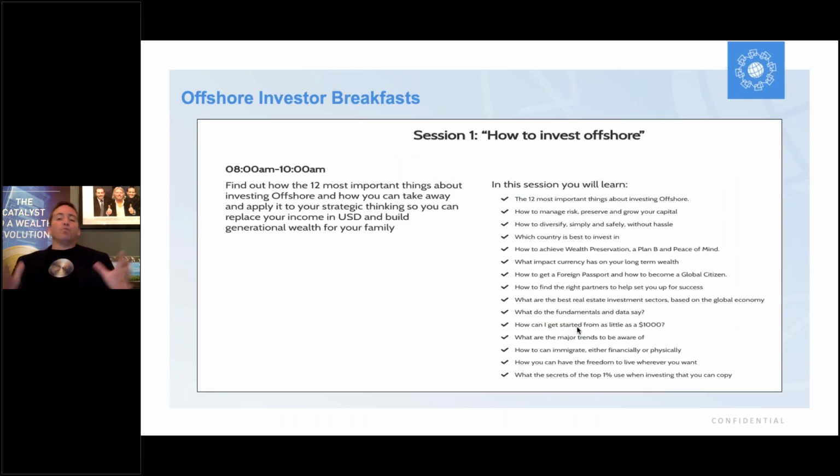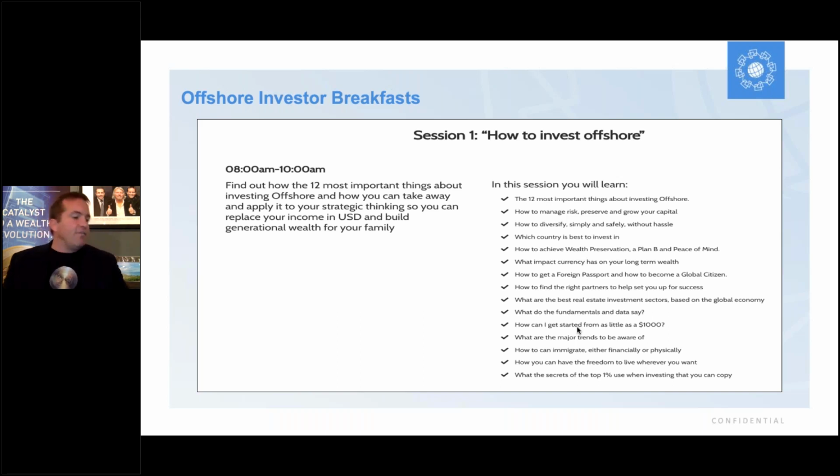Session 1 will be a 2-hour session where I will be running it, and we will be looking at the 12 most important things you need to know. We'll be looking at how to manage risk and grow your capital, how to diversify simply and safely without hassle, which countries are the best to invest in, how to achieve wealth preservation, a plan B, and peace of mind, what impact currency has on long-term wealth, how to get a foreign passport and how to become a global citizen, how to find the right partners, what are the best real estate investment sectors based on the global economy, what are the fundamentals and what does the data say, how can I get started?